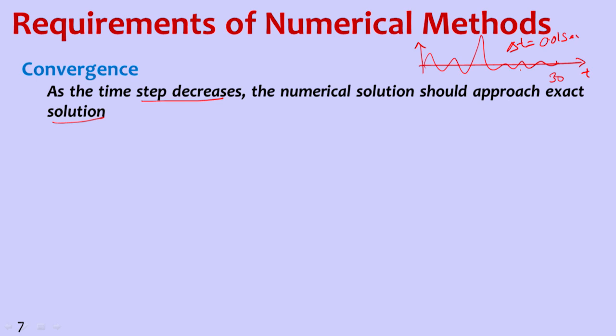As the time step is decreasing, the solution should approach the exact solution. Whatever the classical solution gives, it should be near to that solution. But as the time step increases, we get an approximate solution, not the accurate solution. So convergence means that as the time step decreases, the solution should converge.